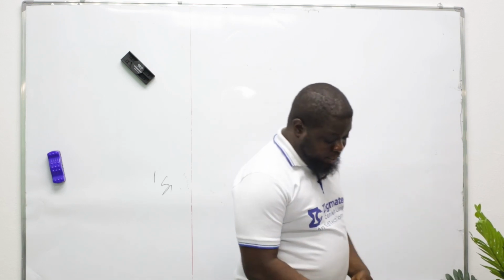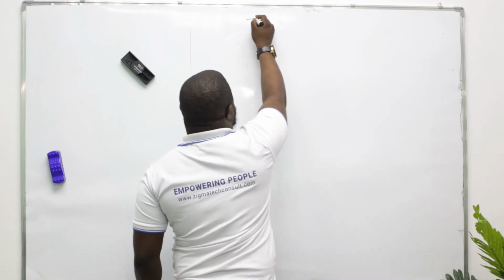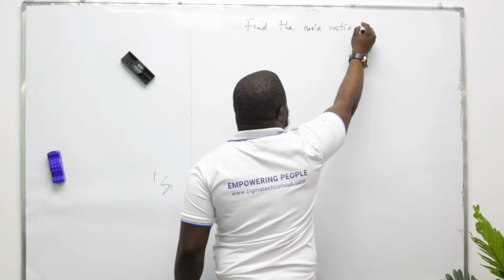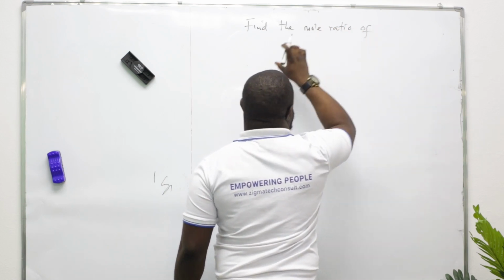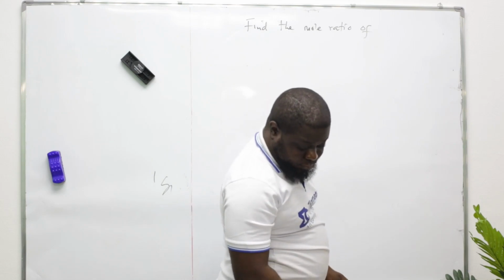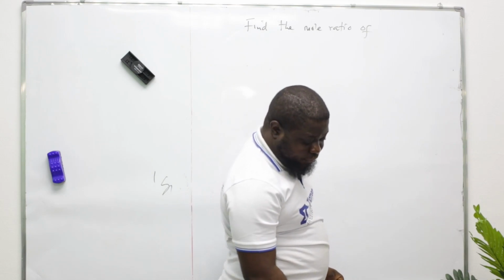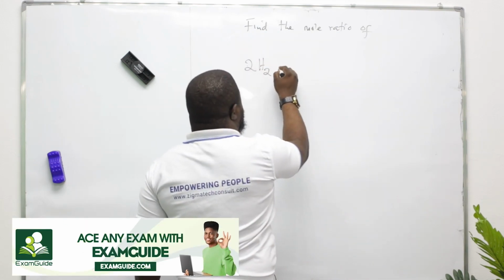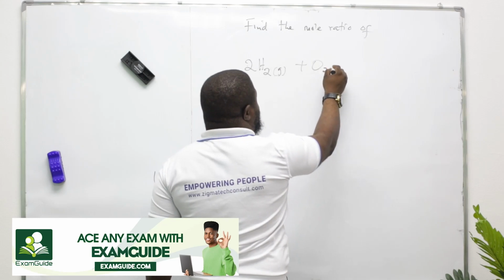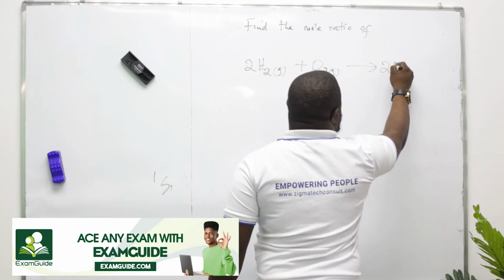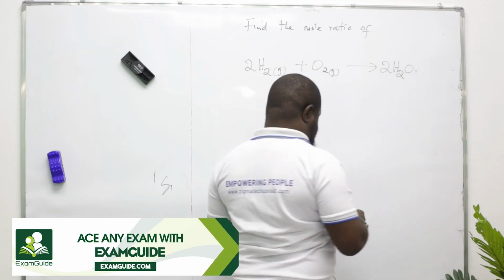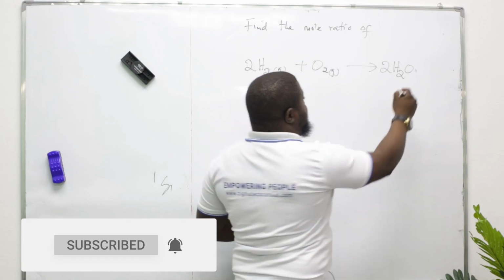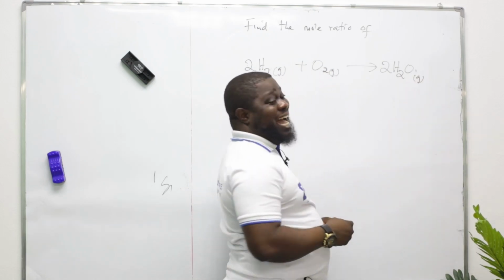But let's see. They said, find the mole ratio of this. Now, the mole ratio of 2H2 gas gives us, I know that you're surprised that you're seeing water as a gas.